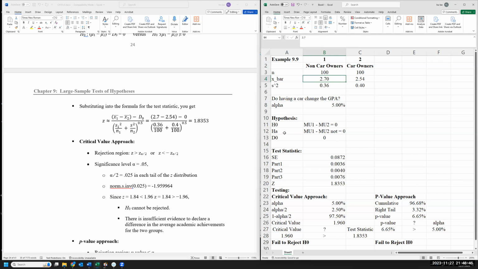So we reject the alternative that car owners and non-car owners have different GPA, meaning it's likely that the car may not have an impact on the GPA. There's insufficient evidence to declare a difference in the average academic achievement for the two groups.